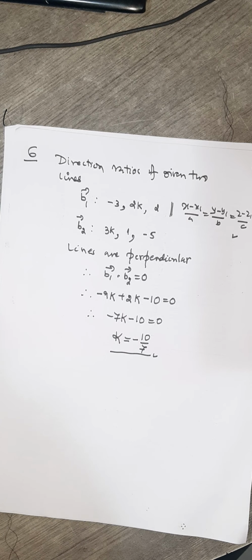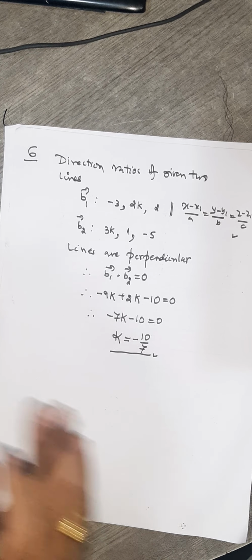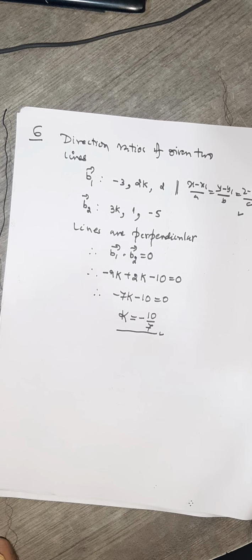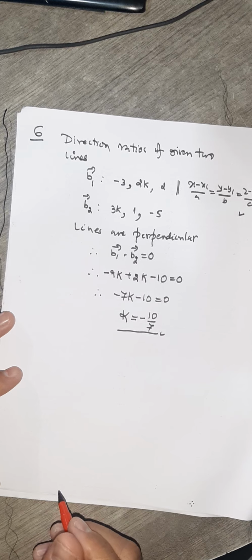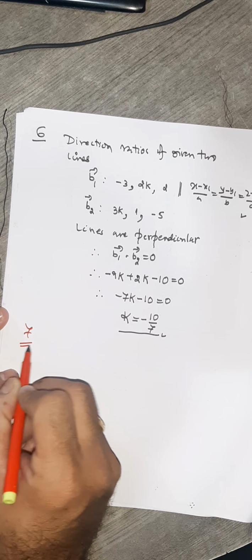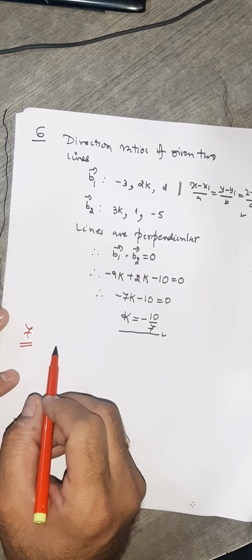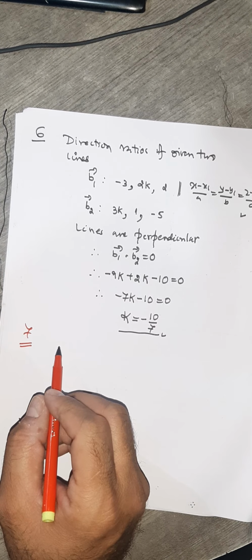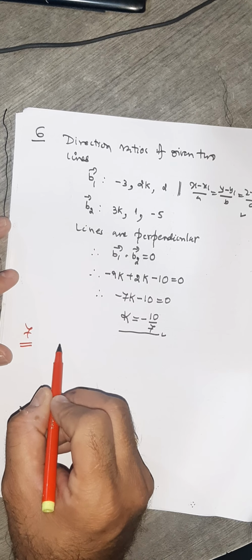The sixth question. Question number 7. The seventh question, what is asked? Find the vector equation of the line through this and perpendicular to this plane here. So we want a line that passes through which point? 1, 2, 3. Remember, here you need a fixed point and the direction of the line.